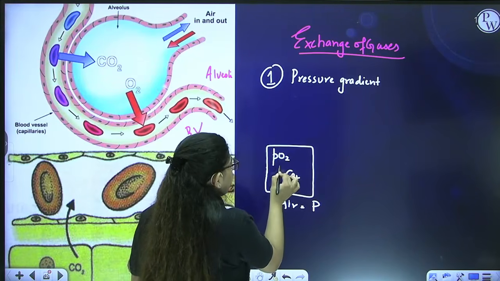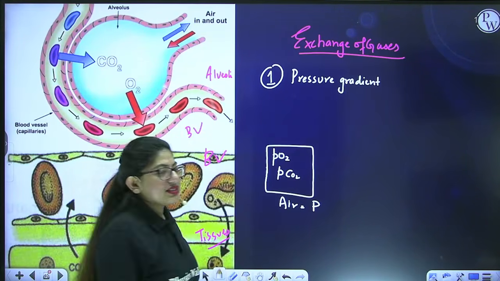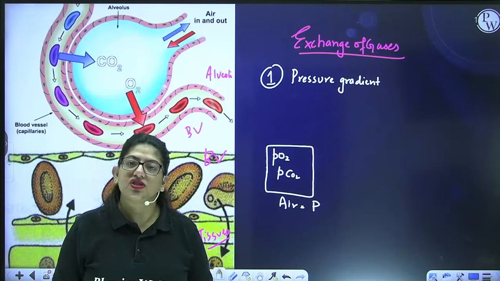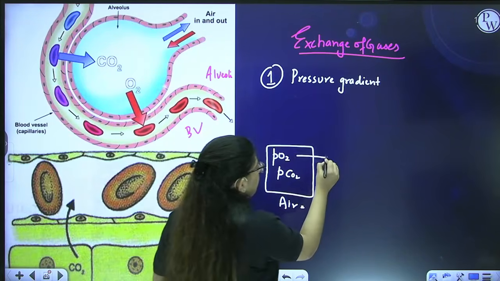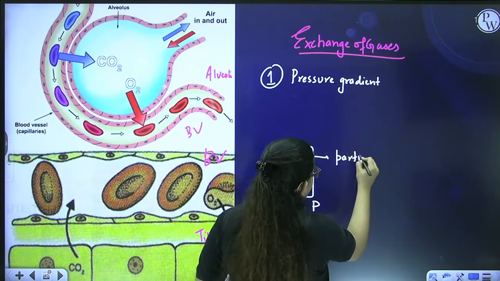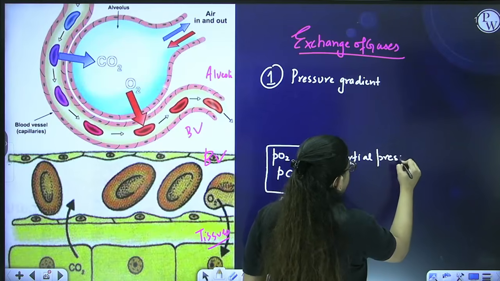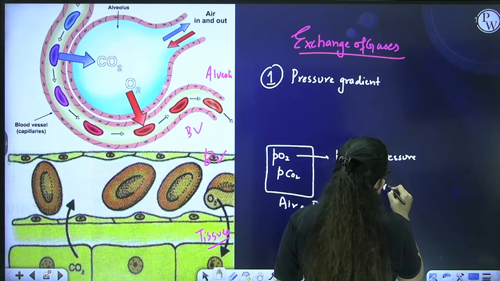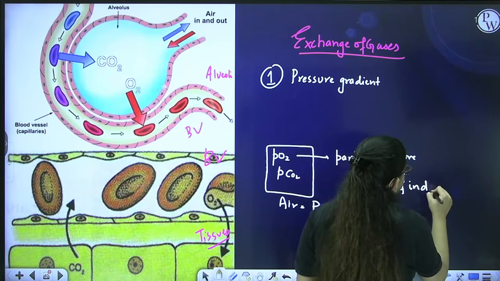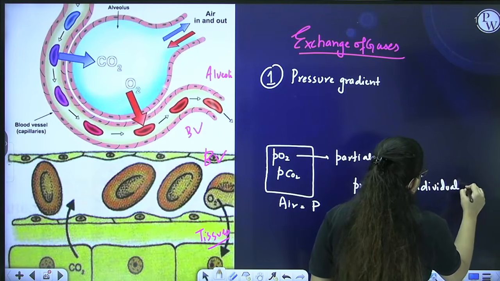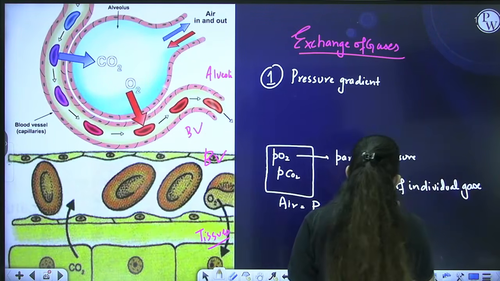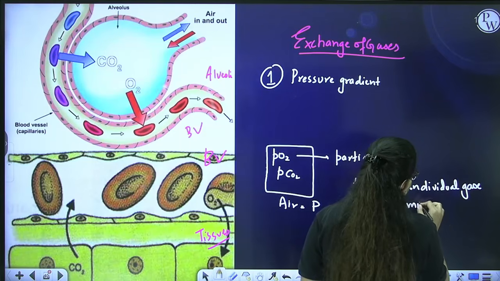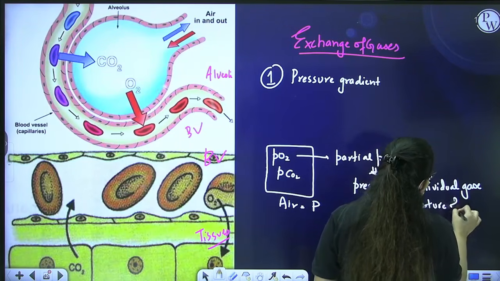So the pressure of an individual gas in a mixture of gases is a partial pressure. So what is the partial pressure? Pressure of an individual gas in the mixture of gases.